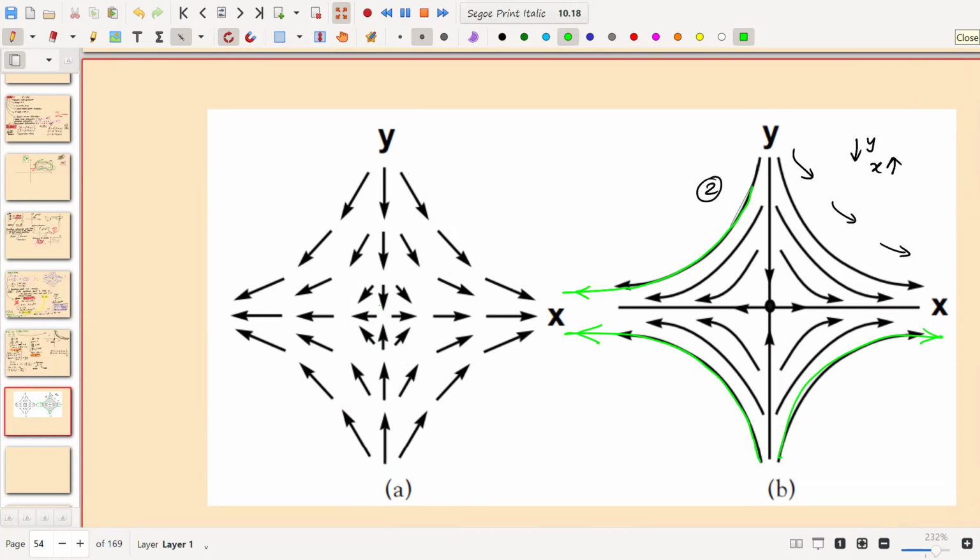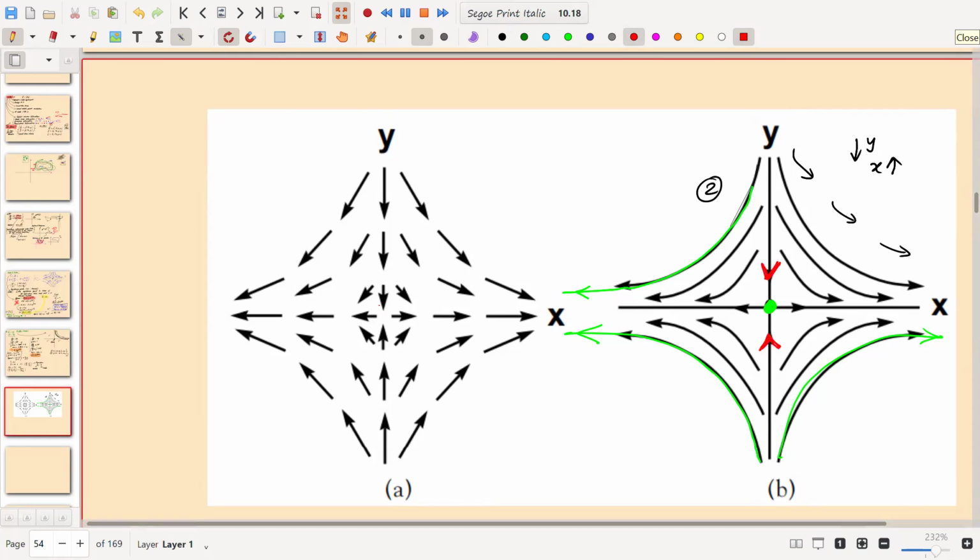And as some of you already said, the eigenvectors are (1, 0) and (0, 1), right? So you can see the equilibrium point here, the green point, is the origin. If you compute, one eigenvector will be approaching the equilibrium point, and the other will be going away from it.